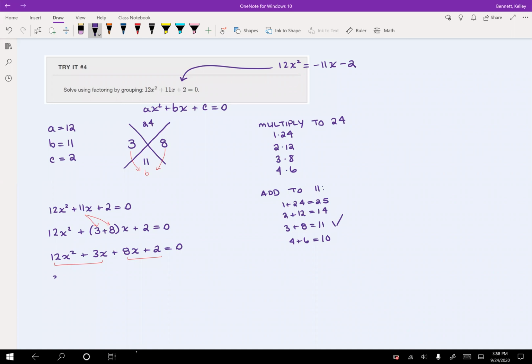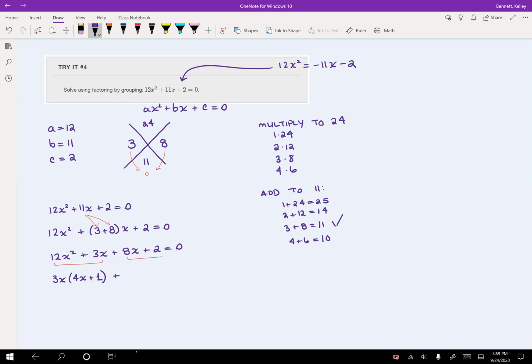So this will give me 3x times 4x plus 1. So just to double check, 3x times 4x gives me 12x squared, and 3x times 1 gives me 3x. Next, I just copy the sign that I have here, and I need to look at the pair of 8x and 2.